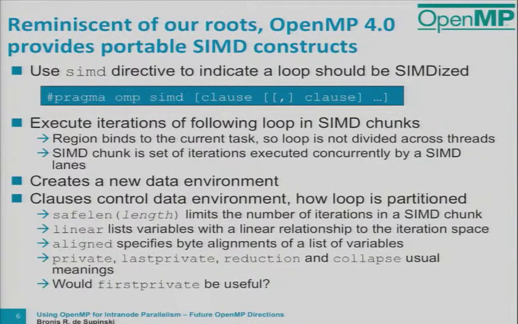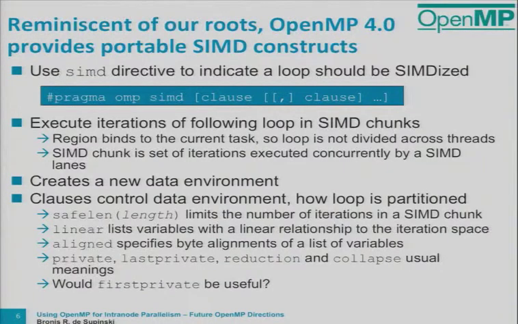Well, now they are, and that's why the title of the slide is reminiscent of our roots. Although this aspect is really significant, and I expect people to make a lot of use of the SIMD support in OpenMP, it's not groundbreaking new stuff. Going back to Paul's earlier saying, the original OpenMP was really saying, okay, let's all spell this stuff the same way. And a lot of what we're doing with the SIMD stuff is let's all spell the SIMD directives the same way.